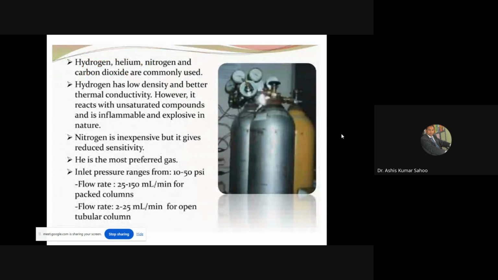Carrier gas is supplied in a cylinder, such as a hydrogen cylinder or argon cylinder. High inlet pressure is needed; helium is the most preferred gas. High pressure will be given so that the flow rate is higher.